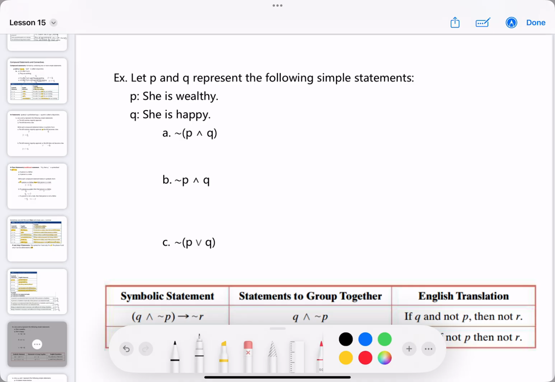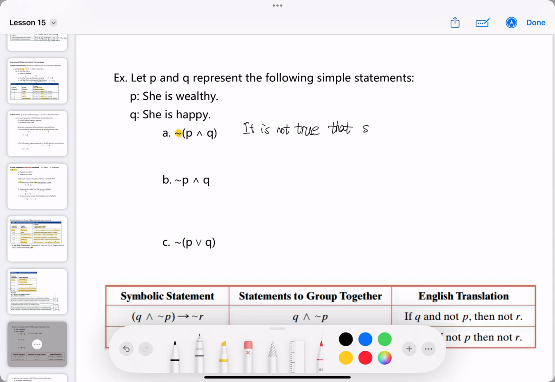So what's the meaning of this wave? That means negation. That means not. We can say it is not true. And then the parentheses. So in the parentheses, I will say it is not true that P and Q.